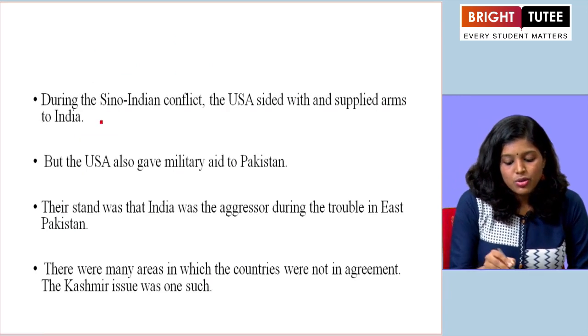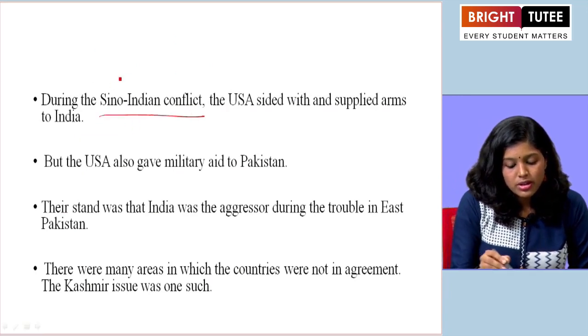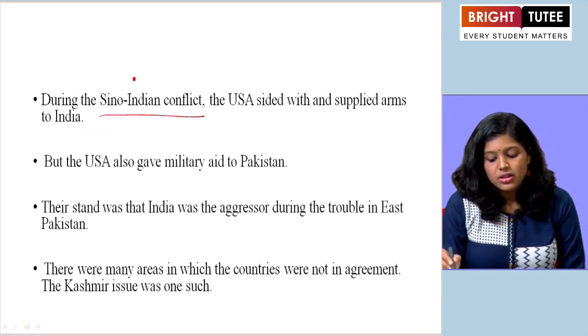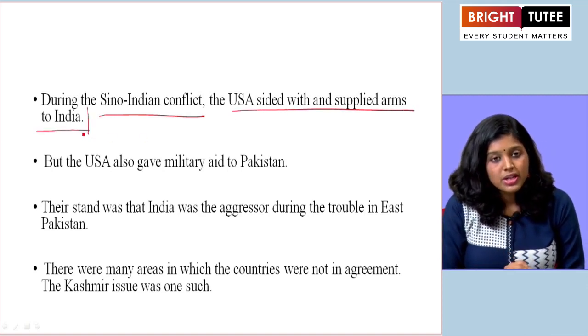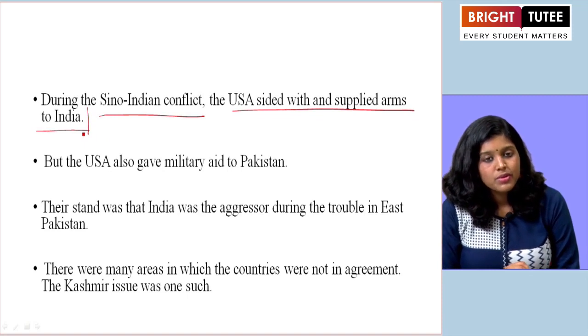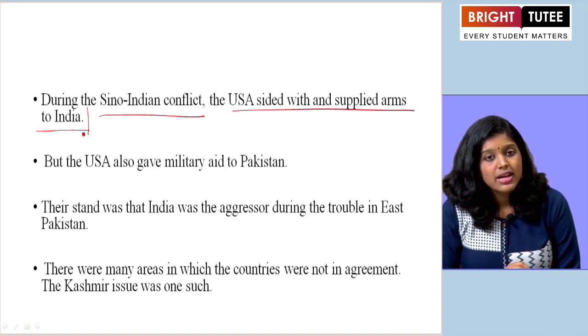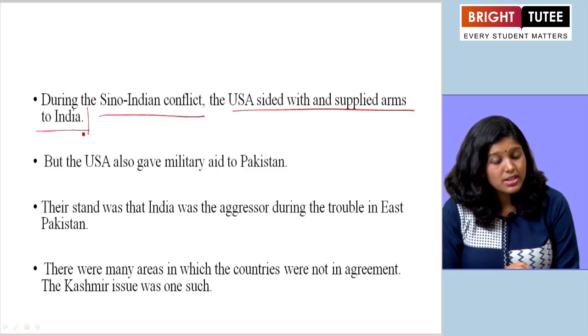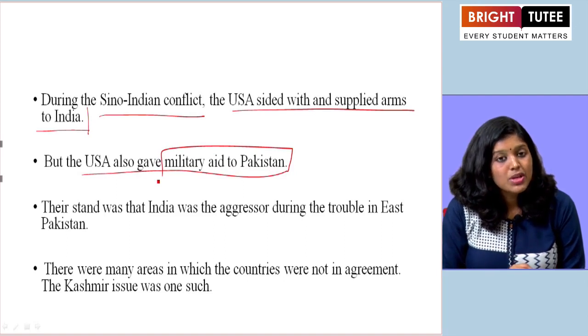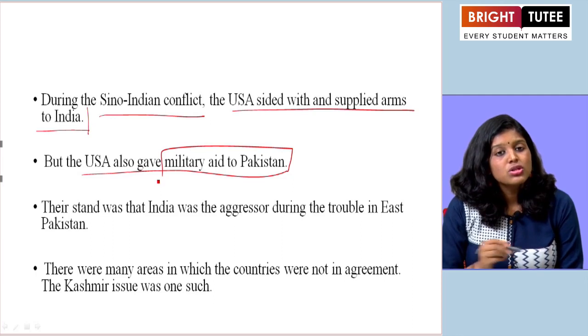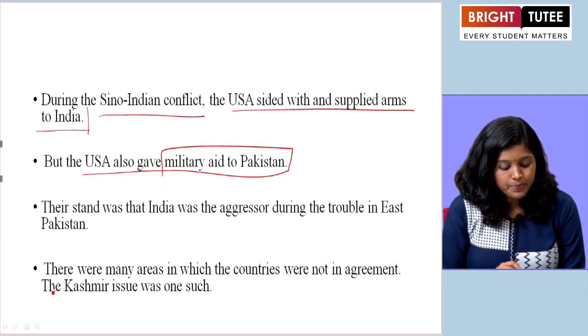During the Sino-Indian conflict, the USA sided with India and supplied arms to India. But at the same time, it was also giving military aid to Pakistan, which was also at war with India.